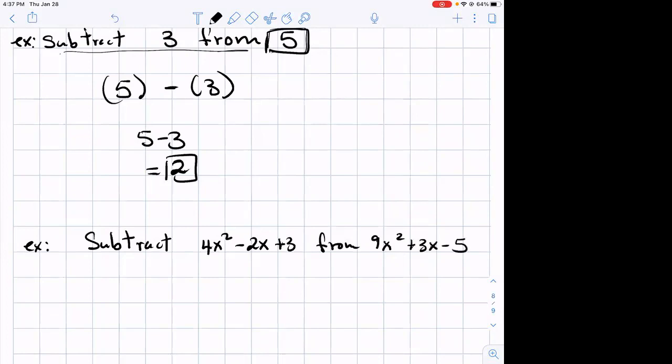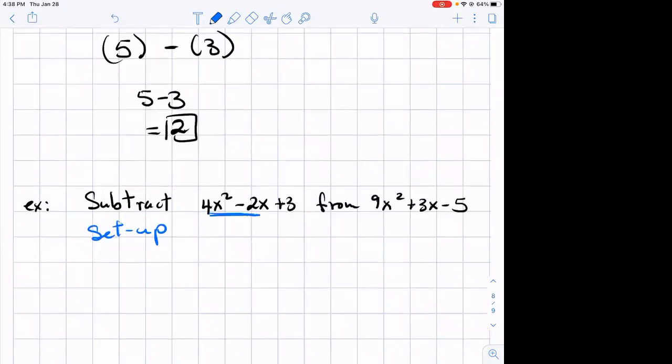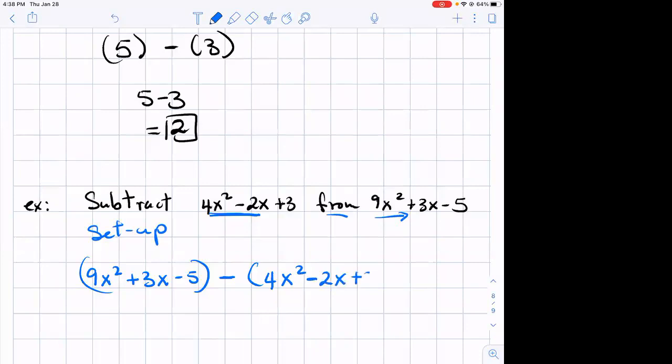So how do you set it up? You're taking this from this. So you should write 9x squared plus 3x minus 5 minus, from that you're taking 4x squared minus 2x plus 3.